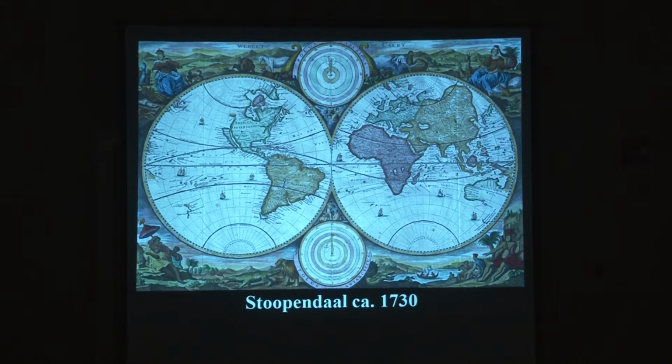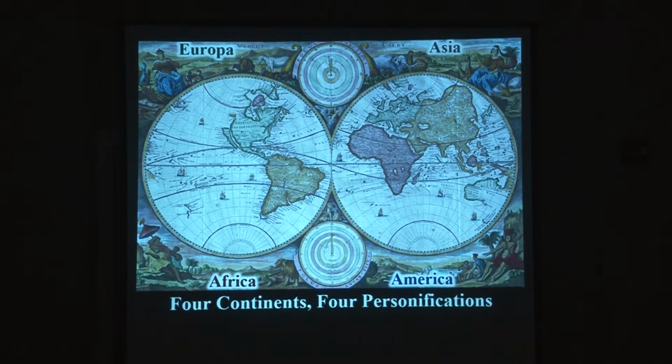So a quadripartite division of the world, to be matched in the corners by figures of Europa, Asia, Africa, and America. Each of the 4 races corresponding to one of the 4 continents in this world view from the time. All right? And it's this image right here that we're most interested in today.